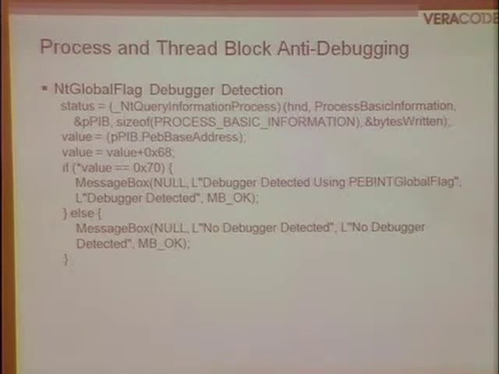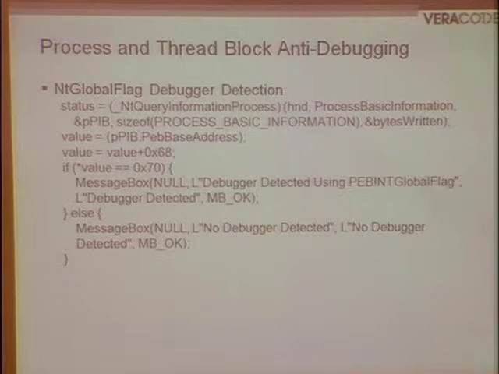NtGlobalFlag: the PEB structure flags at offset 0x68 contain the start status of a process. So again, this also plays into the fact that the heaps are created differently. When we start up the process under a debugger, this particular flag tells the process how to create the heaps, to create debug heaps instead of regular heaps.